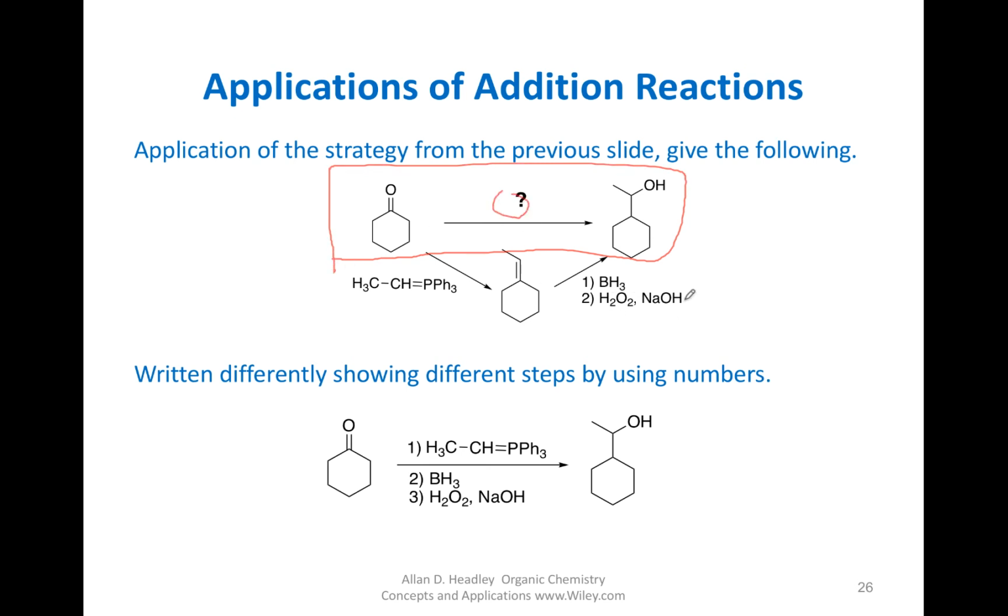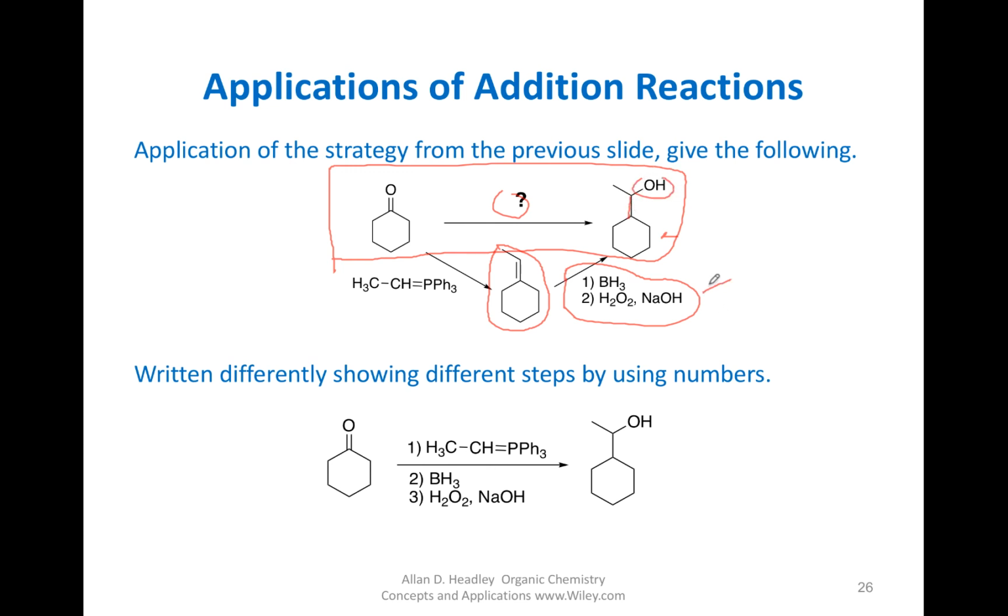Doing the retro-analysis, starting from the target molecule and working backwards. If we had this molecule here, we can do an anti-Markovnikov hydration to get this product.